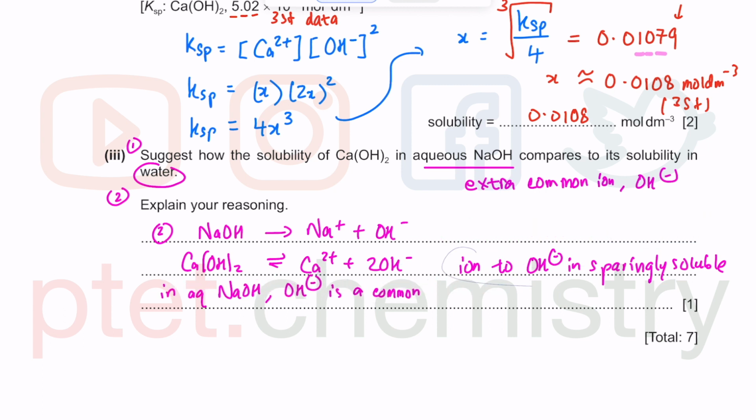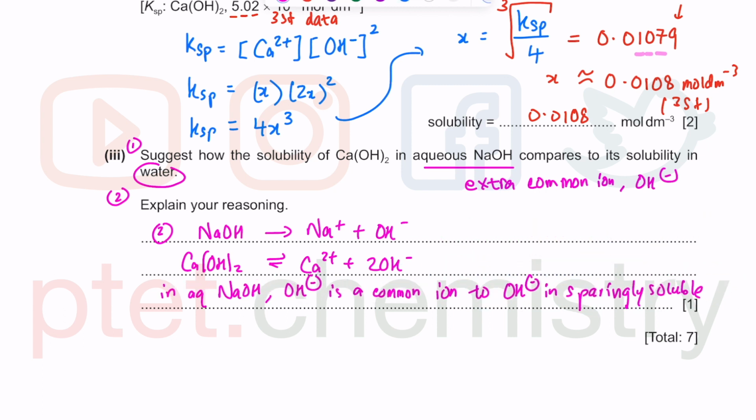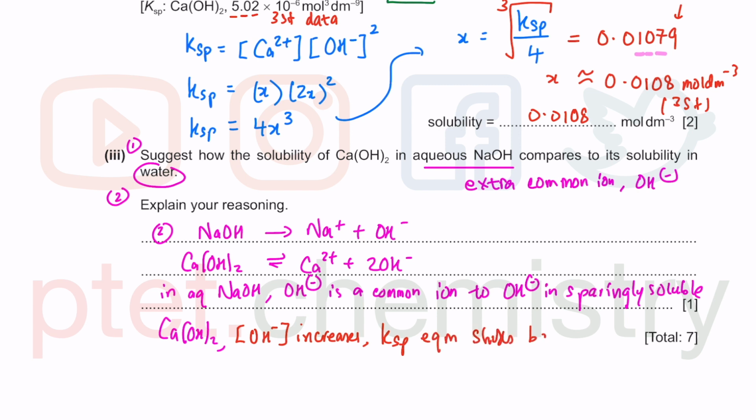It's a common ion to the sparingly soluble calcium hydroxide. So as the concentration of OH minus increases, what happens to the Ksp equilibrium? It will shift backward because you want to oppose the change. You have a lot more OH minus, so you want to oppose the change, and you go backward in order to remove the OH minus concentration.